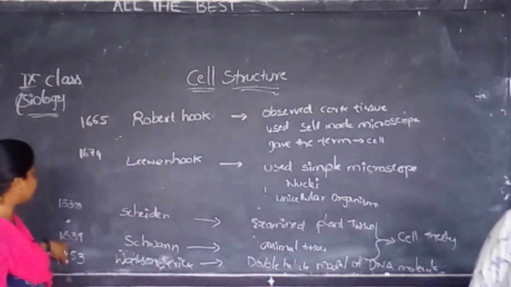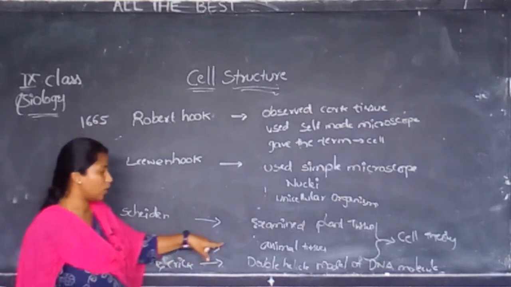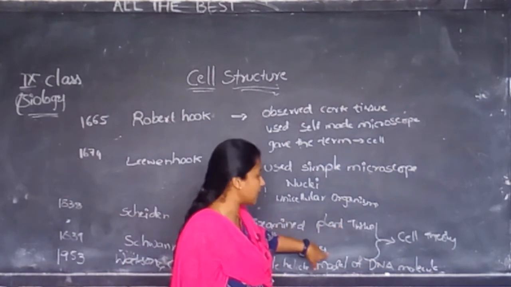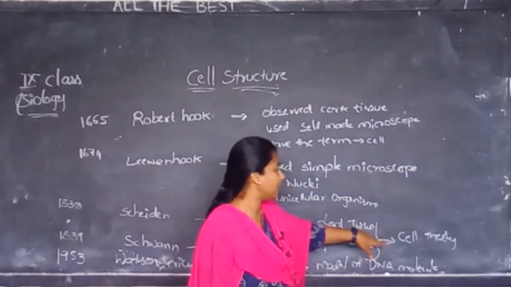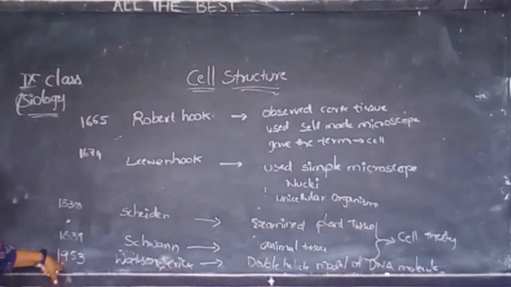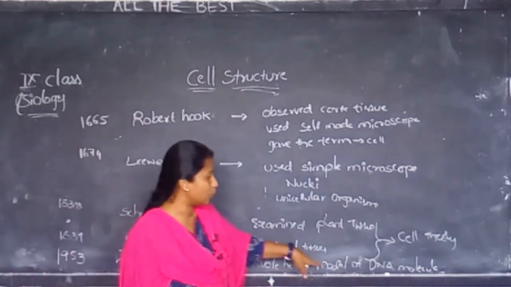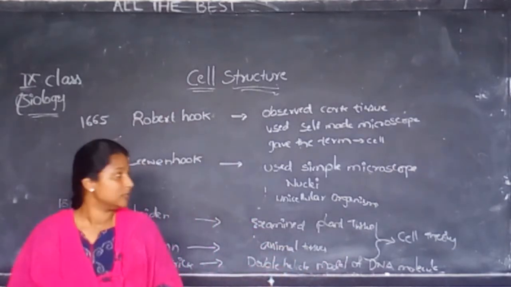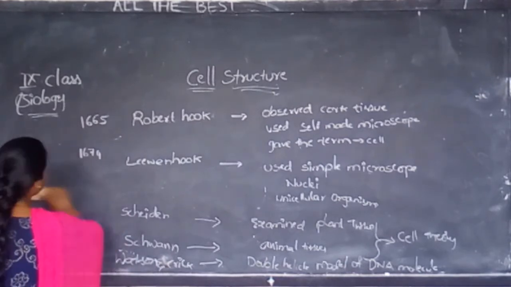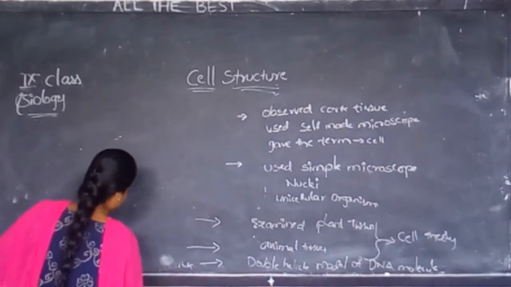In 1839, Schwann, the zoologist, observed animal tissues. Later, these two scientists joined together and proposed cell theory. In 1953, Watson and Crick proposed the double helical model of the DNA molecule. These are all some scientist contributions. Okay, now we'll see what is cell theory.